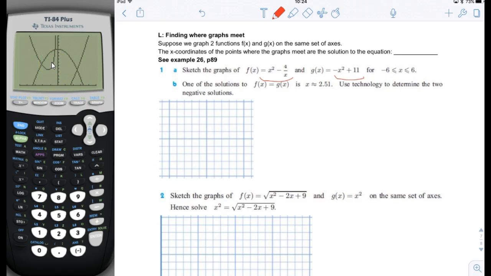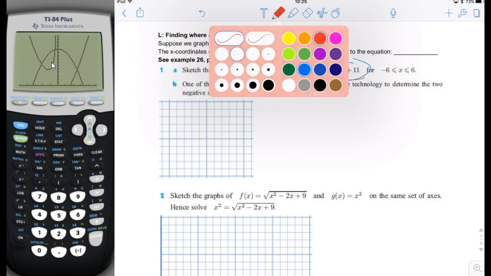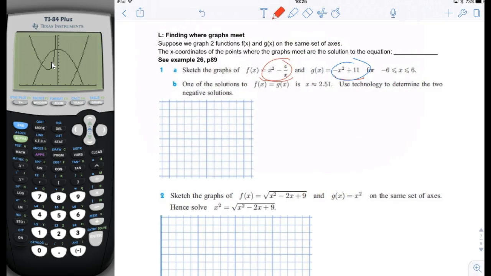So if we were going to graph this, I would say, okay, this is the red function. This is the blue function. So I'm going to graph the red function kind of like this, and like that. And then I'm going to graph the blue function as inverted parabola, like that.